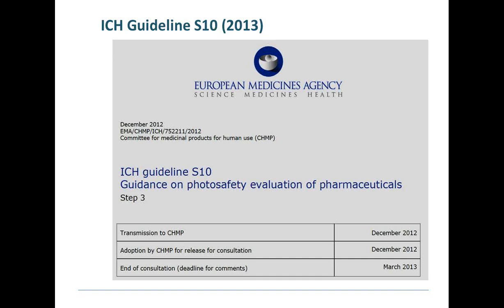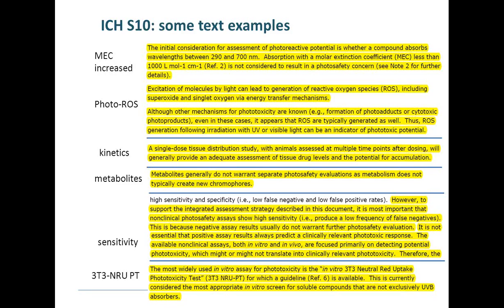The final version should be published now at the end of June, from the Committee for Medicinal Products for Human Use. And this guidance document now considers all the points that were discussed at the FBR ECVAM workshop in 2010. On the next slide, which is very busy, I've unfortunately forgotten one important point, but I will mention it just in words.